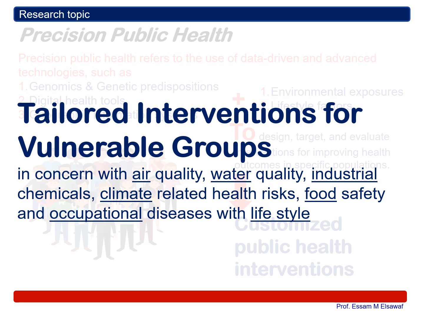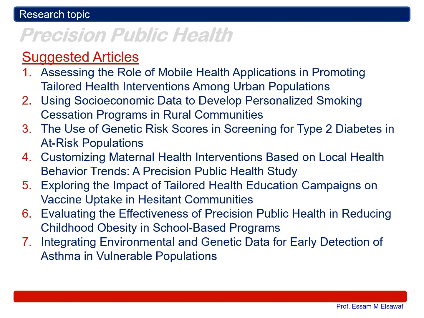For food safety, for occupational diseases, and for lifestyle, take care of taking too much fat, don't smoke, practice exercise, and so on. This is what's known as precision public health. Here are suggested articles to be considered in such a topic.